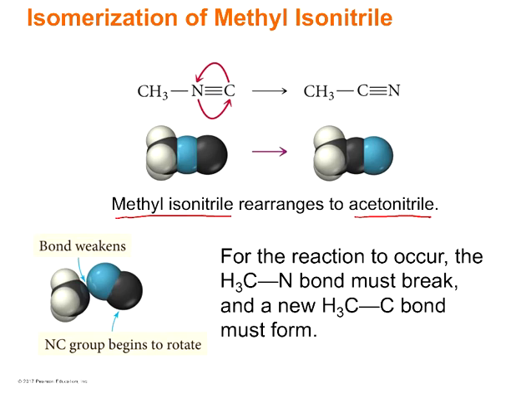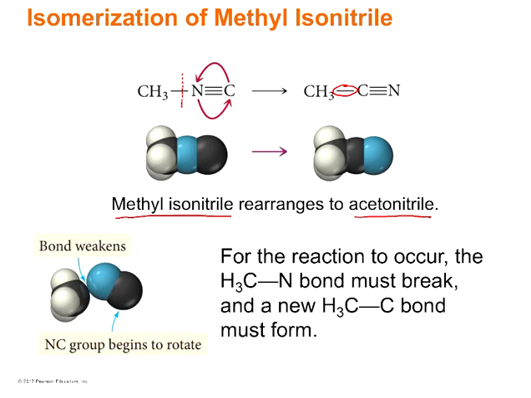Now, in order for this reaction to occur, again, we need to add some energy. So there will be an activation barrier. But additionally, we have to break the bond between CH3 and nitrogen. And then we have to form a new bond between carbon and CH3.